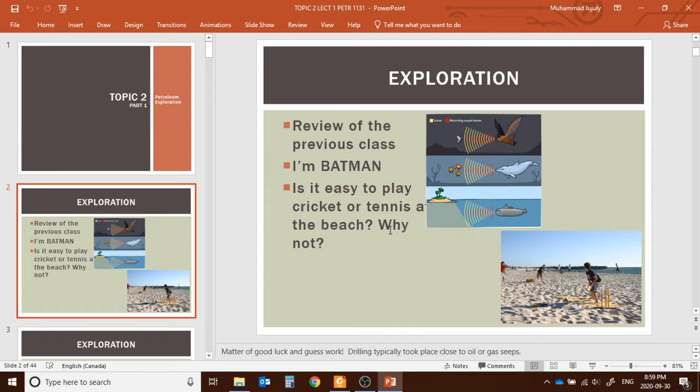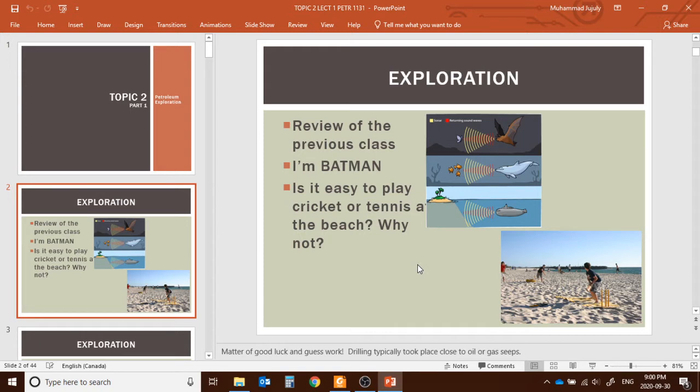So is it easy to play cricket or tennis on the beach? No, it's not. Why? Because the sand is really soft and it absorbs the energy needed to bounce the ball. Not only the ball, it's also true for signals. So this is the basic science behind it.